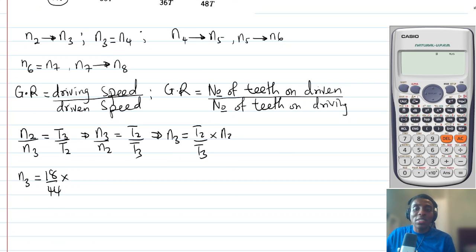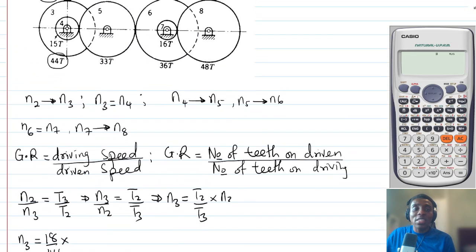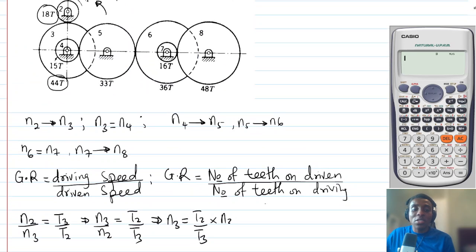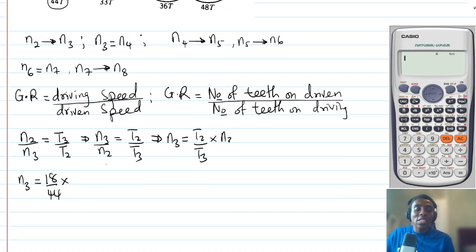It's a choice: you can say that all counterclockwise is negative and clockwise is positive. In that way, if you have a direction, you can assign it. So if we assume that clockwise is positive, then N2 will be negative, since the speed is counterclockwise.